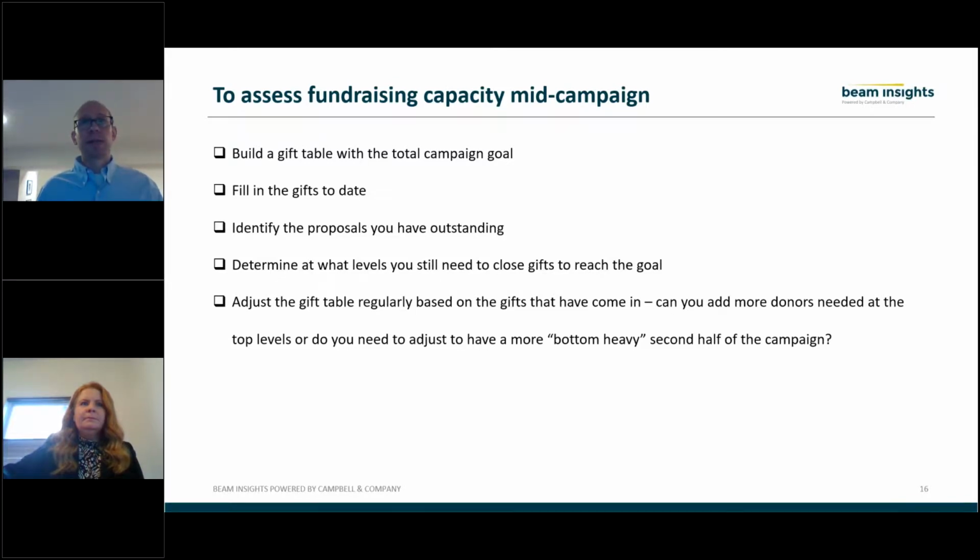We've all been recipients of gifts that are larger than we expected, gifts that are smaller than we expected, prospects who for some reason no longer have the capability to support the organization the way that we thought they may have. So do you need to adjust to make it a more top-heavy campaign? Are you going to go to fewer people to try and close that goal? Do you need to broaden the base?